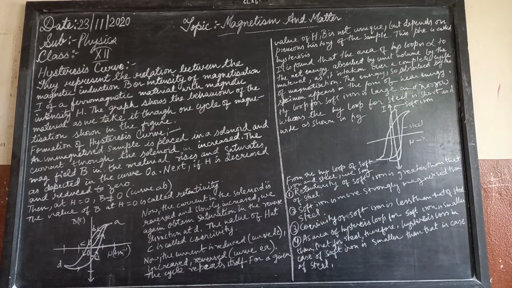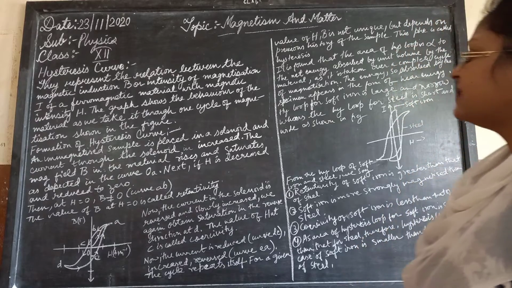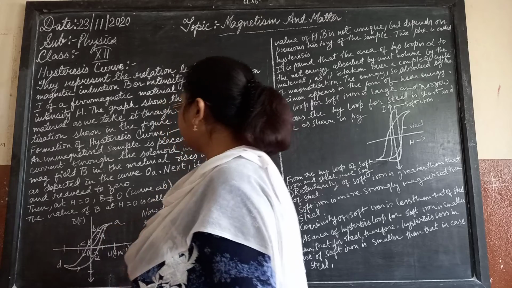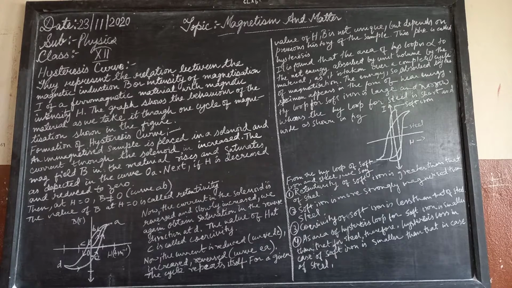So what happens when we increase the current in the solenoid? The magnetic field in the material rises and saturation is depicted at OA. Then H is decreased and reduced to 0. This H is the magnetic intensity.